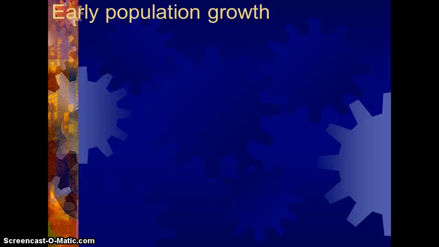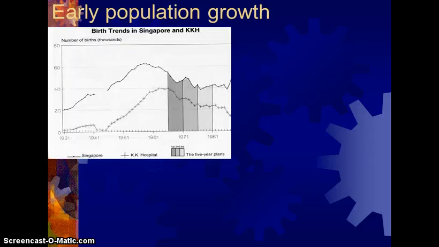Alright, early population growth. That means what happened in the early years, the 60s and 70s. Look at this graph. It shows the birth trend in Singapore and in KKH. KKH stands for Kandang Kerbau Hospital, which was at one time the biggest baby factory in the world.